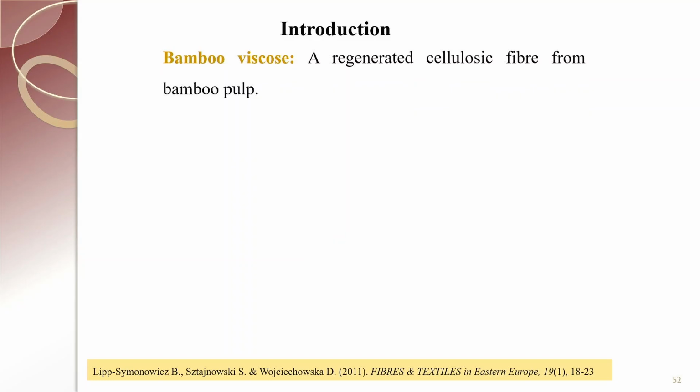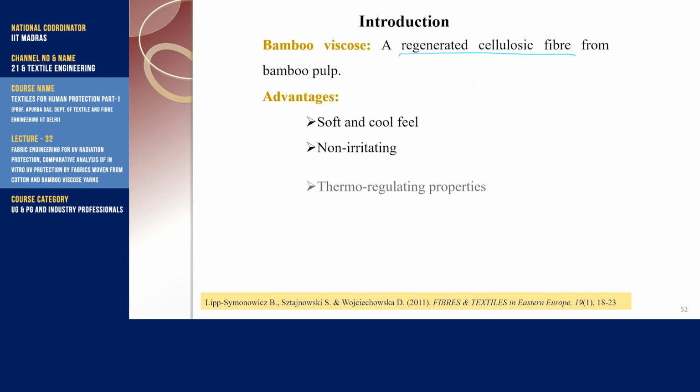Now, bamboo viscose is a regenerated cellulose fiber from bamboo pulp. The main advantages which have been reported: it produces a soft and cool feeling, it is non irritating, it has thermoregulating properties because it absorbs moisture. So, it is comfortable, with high moisture absorbency.